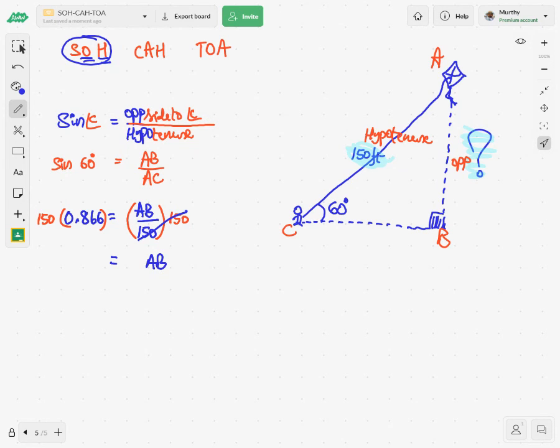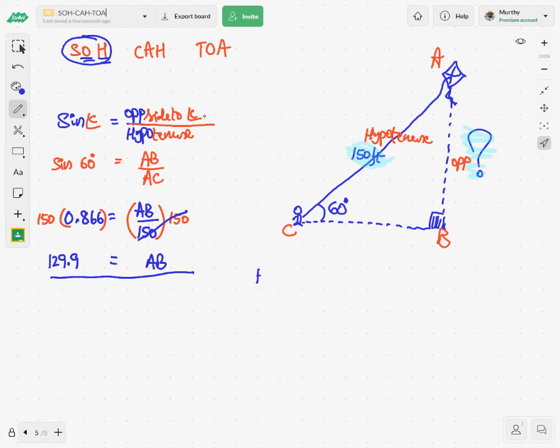That means 150 times 0.866, that is giving me 129.9. So this says that the opposite side is 129.9 or approximately 130.